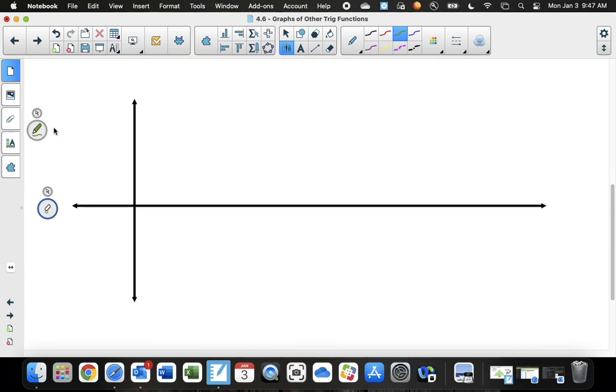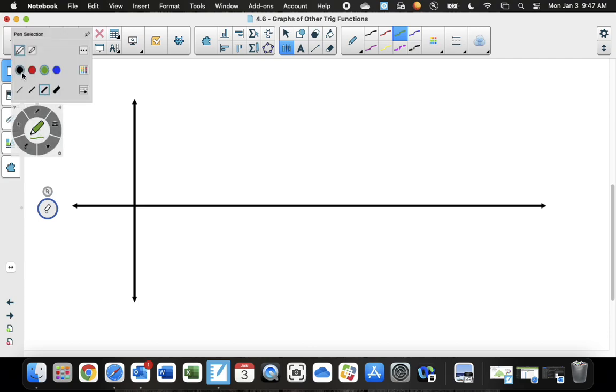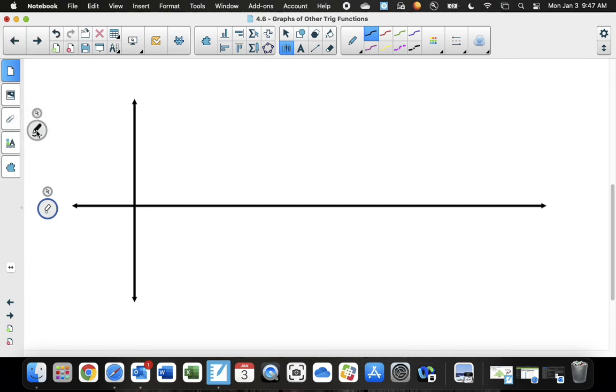Let's put our cosine graph together. So normally, cosine starts at a maximum, okay, maximum of 1. Then at pi over 2, we're at a midline point. We go another pi over 2 to pi. Now we're at our minimum value.